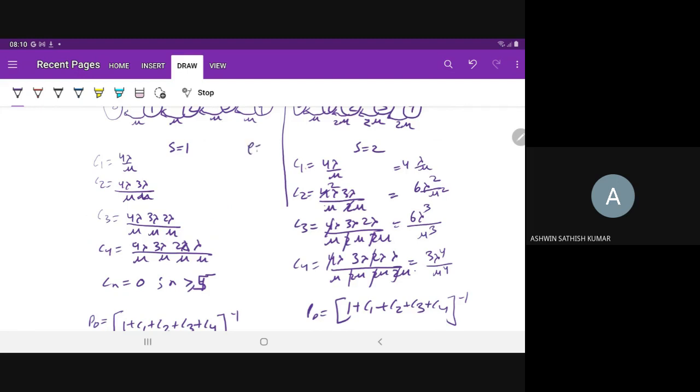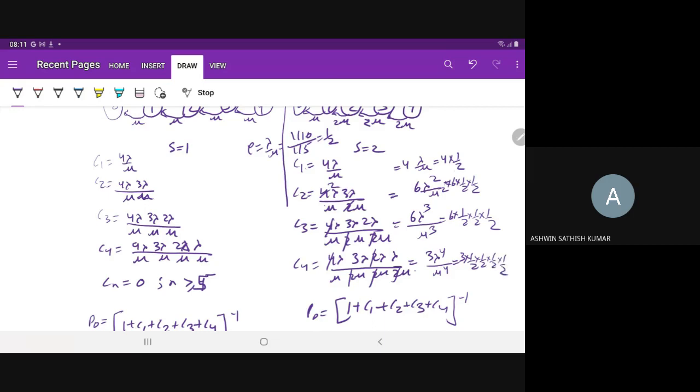So rho is equal to what? Lambda upon mu, that is 1 by 10 upon 1 by 5, that is half. So it is 4 into half, 6 into half into half, 6 into half into half into half, and 3 into half into half into half into half.